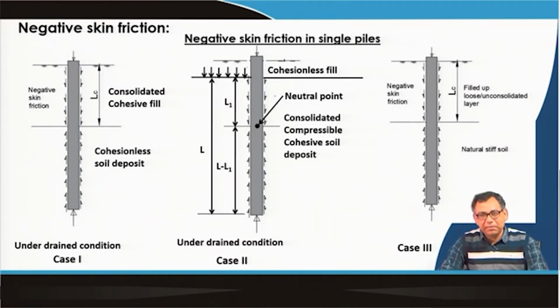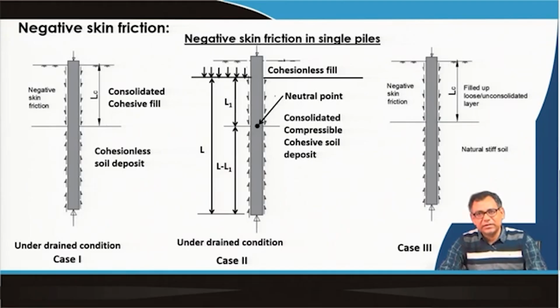But if the relative movement of the pile is less than the movement of the soil, then the pile will effectively move in the upward direction relative to the soil, so the resistance will act in the downward direction.